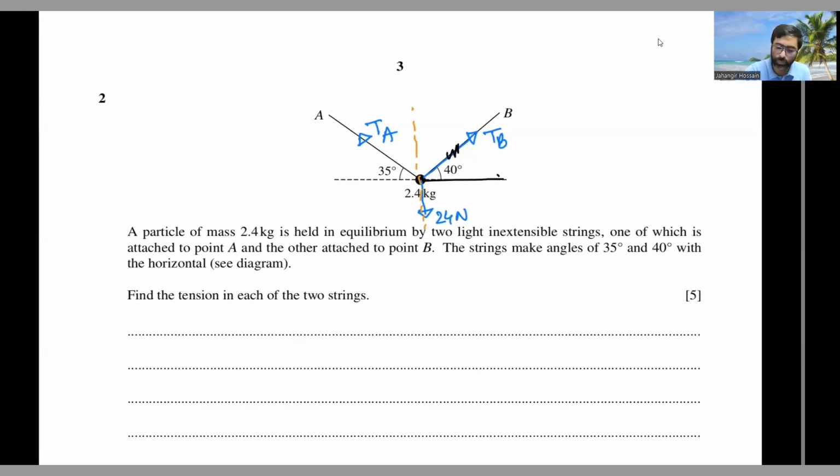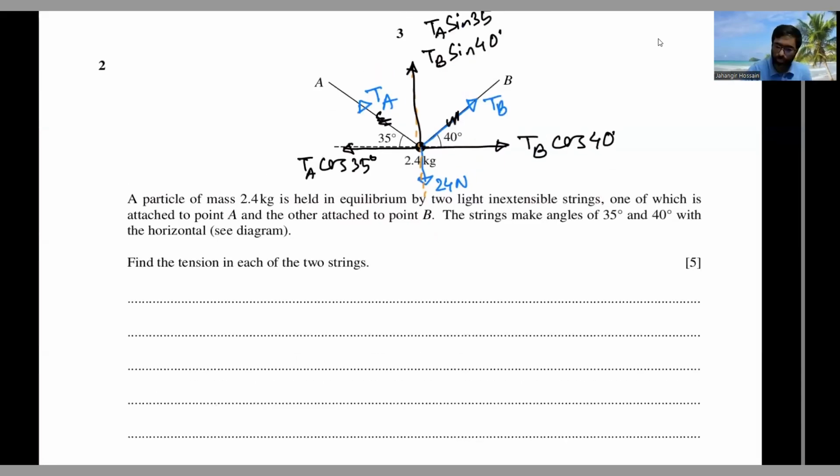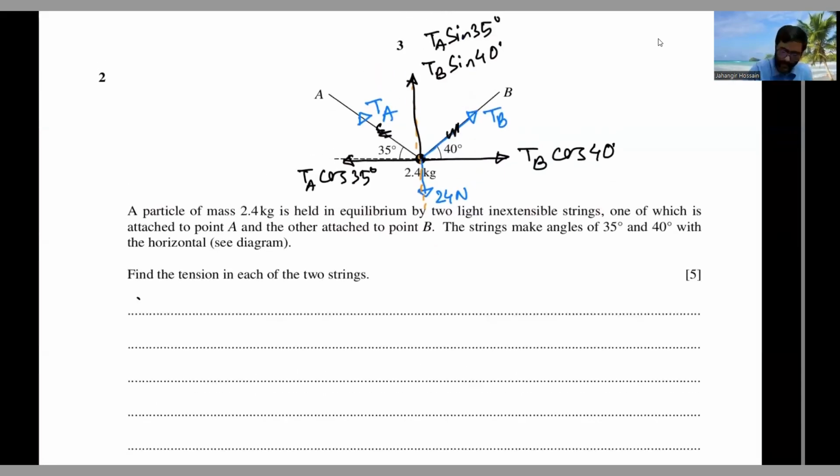The component of tension B is TB cos 40 horizontally and TB sin 40 vertically, that's upward. And the component of tension A is TA cos 35 horizontal and TA sin 35 vertical. If you equate these, horizontally TB cos 40 equals TA cos 35.